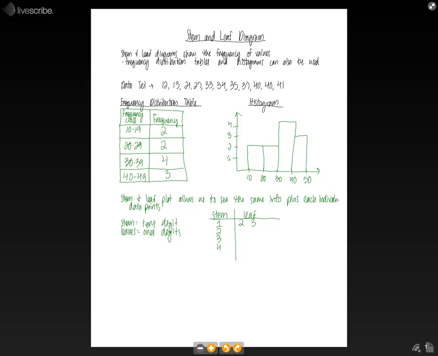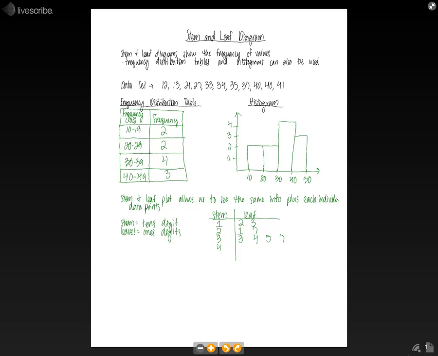Then for the 2 stem, we know we have a 21 and a 27, so we'll put a 1 here and then a 7 to represent those two numbers. For our 30 to 39 values, we have 33, so we put a 3, 34, so we put a 4, then 35, and 37.